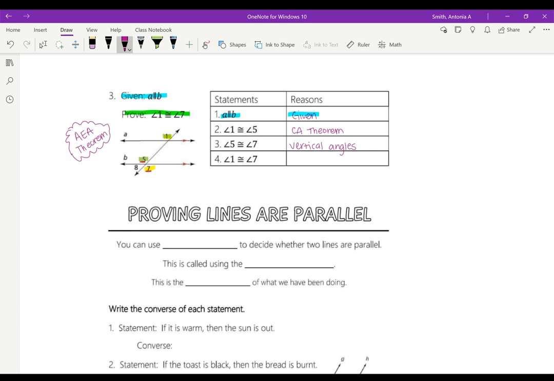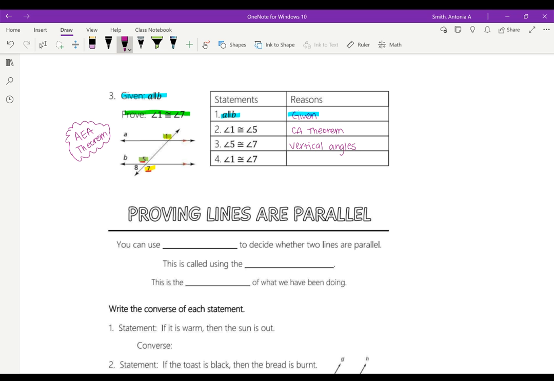So now our very last step, number 4, angle 1 and angle 7 are congruent. Well, if you look up at numbers 2 and 3, we know that angle 1 is congruent to angle 5, and angle 5 is congruent to angle 7.